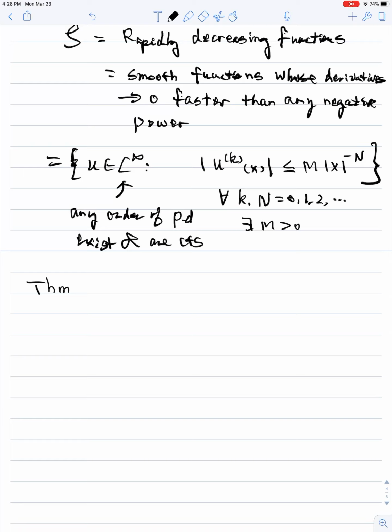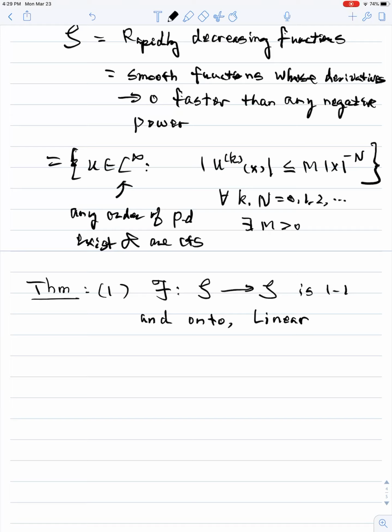This theorem tells us that the Fourier transform F is a map from the Schwartz class to the Schwartz class, and this map is one-to-one and onto, and it is also a linear map.